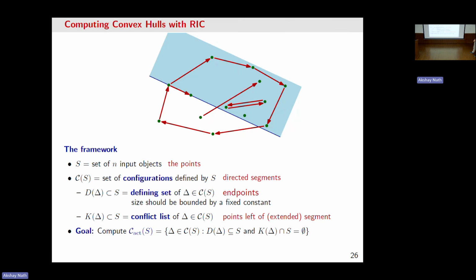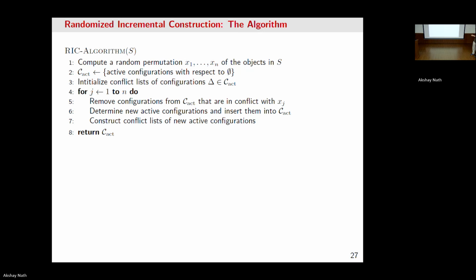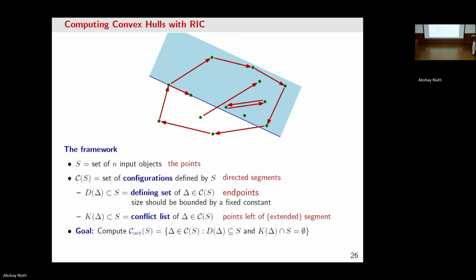For instance, this edge here has lots of points, so it's not part of my convex hull. This edge, there's nothing here, so this one is part of the convex hull. If I direct it in the opposite direction, there are many points, so that one is not part of my clockwise convex hull.